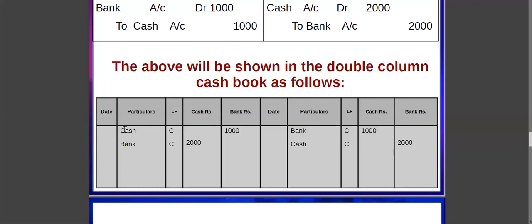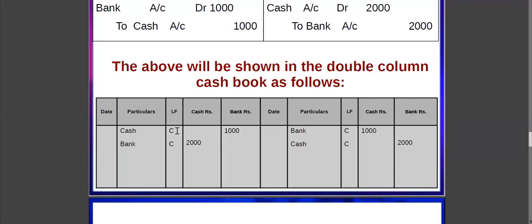In the same way, cash account credit 1000: place your hand in the cash column, 1000 by bank. This is our first entry. You have to mention the contra entry symbol C in your left column.